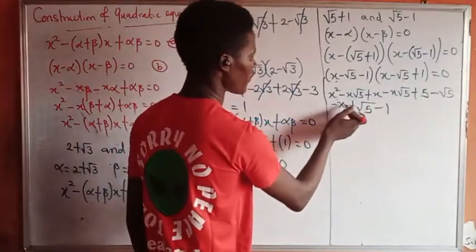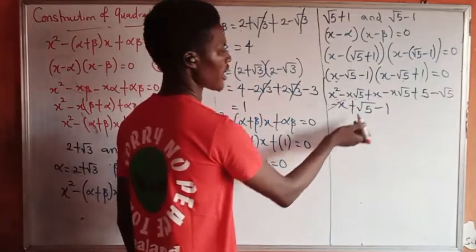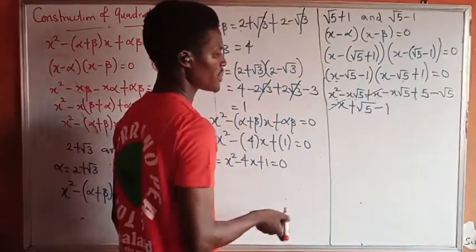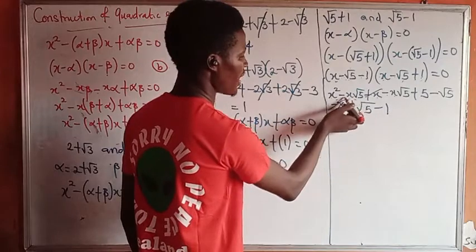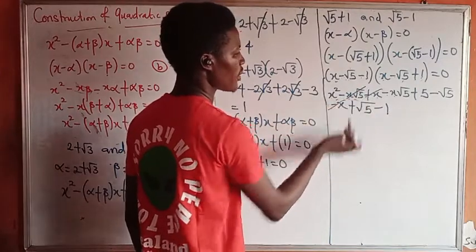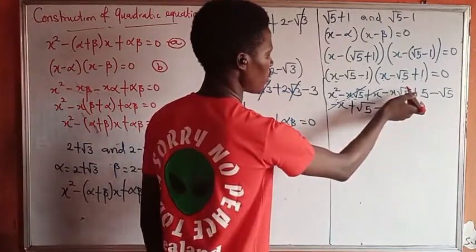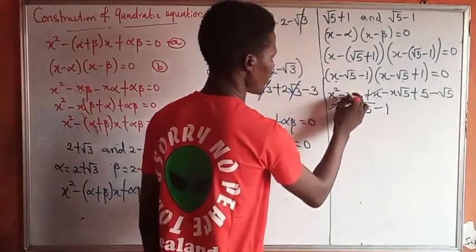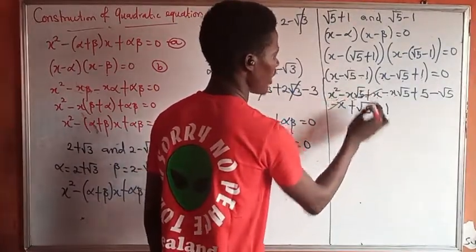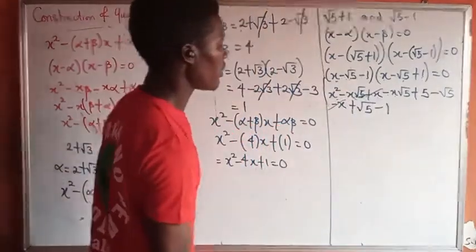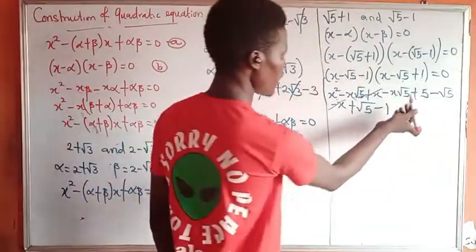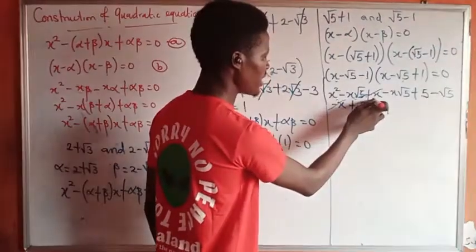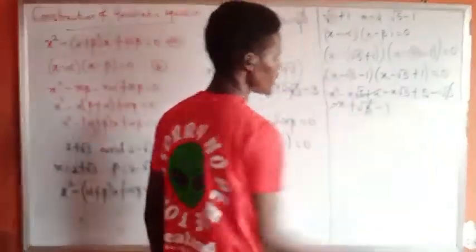Now you can see that some terms can cancel each other. Like here, minus x can cancel plus x. Minus x root 5 can cancel. Sorry, this can cancel. So this is minus x root 5. There are some terms that I can cancel again. Yes, this can cancel out this.